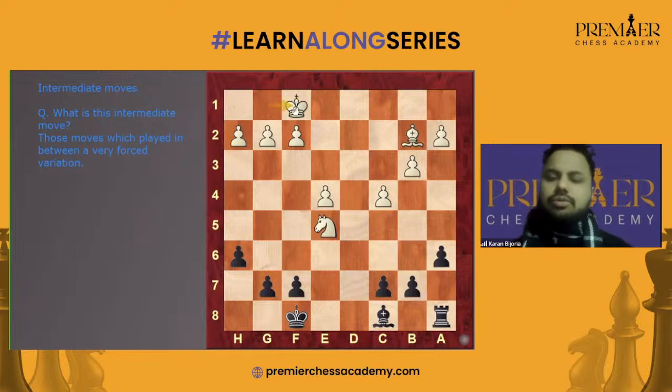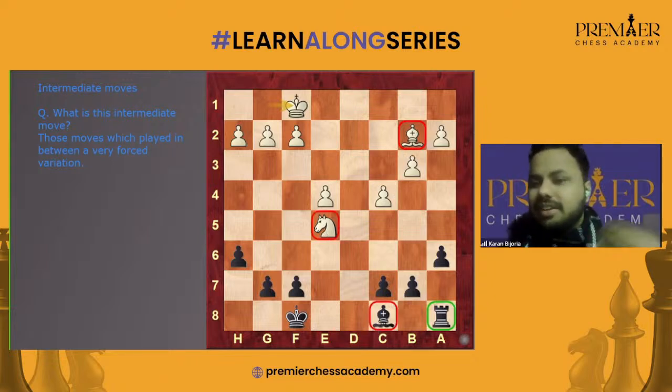If you see this position, this is winning for black because black has an extra exchange: black has a rook, whereas white has a knight. So this is winning for black.